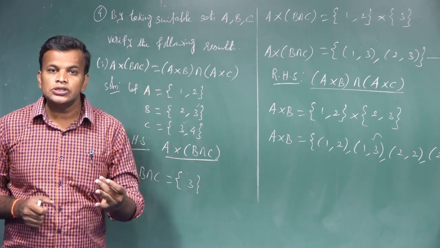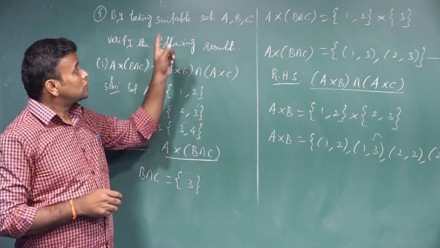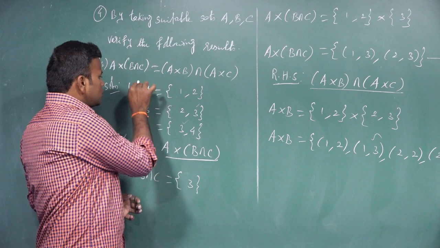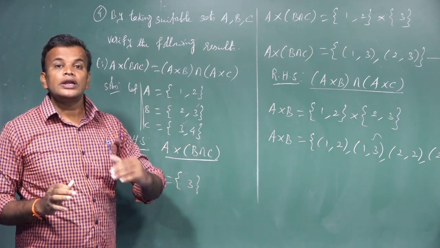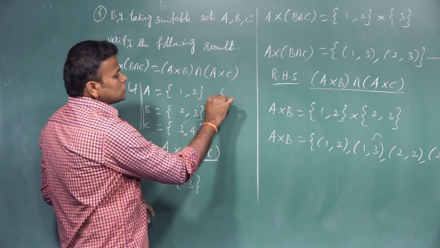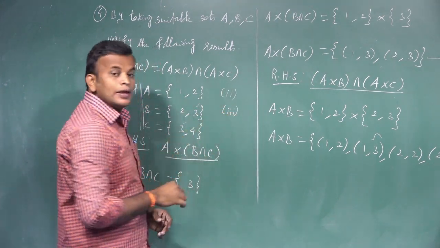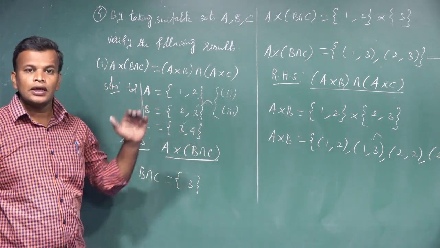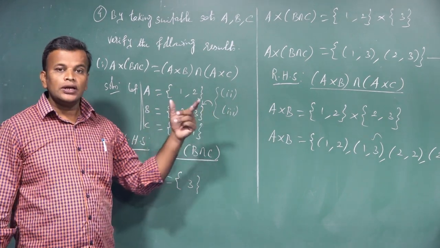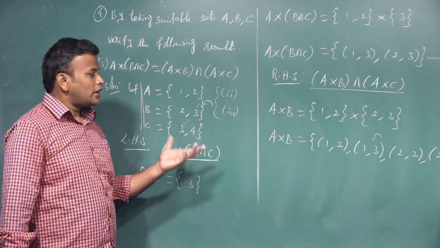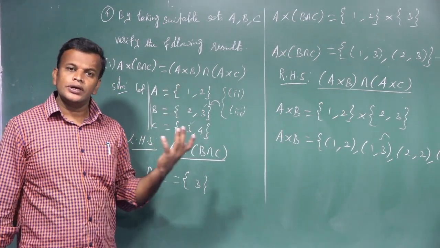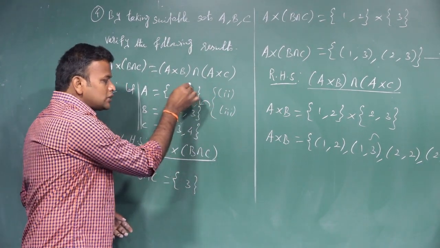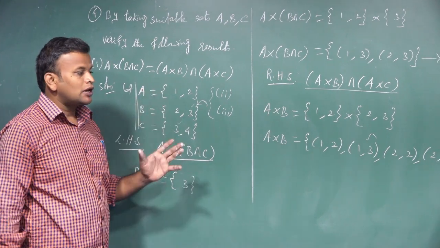The second and third subdivisions also involve the Cartesian product, using suitable values of A, B and C. It's better to take the same elements of A, B and C. If you take other values for your convenience, it is your choice. For our convenience, in the second and third subdivisions we take the same values of A, B and C, and the answer will come easily.